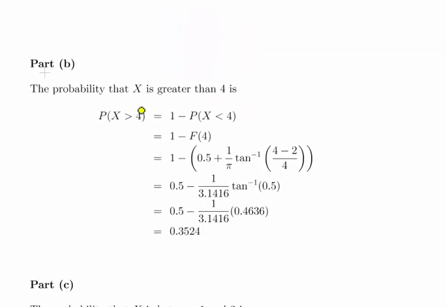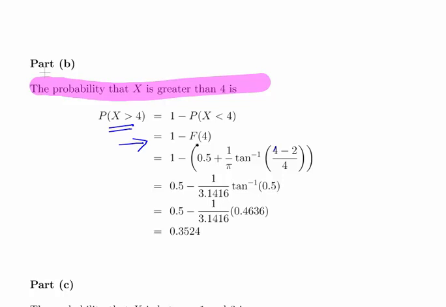Part B: what's the probability that x is greater than 4? The probability of x greater than 4 is equal to the complement of the probability of x less than or equal to 4, which is 1 minus f of 4. Same thing as before.